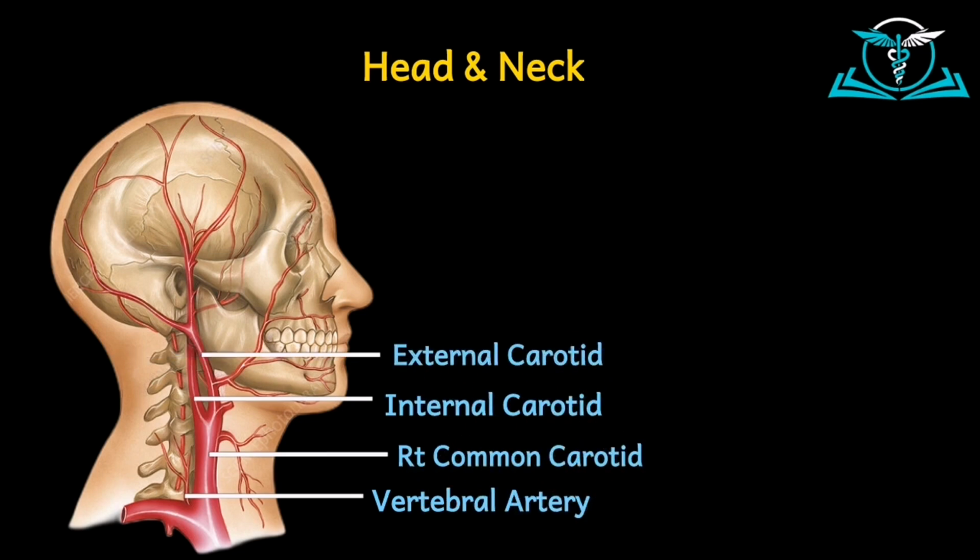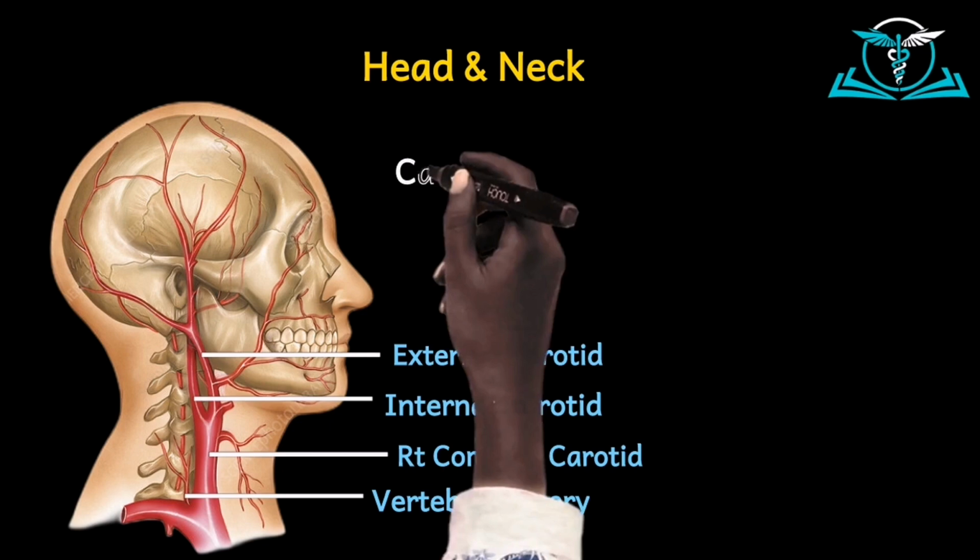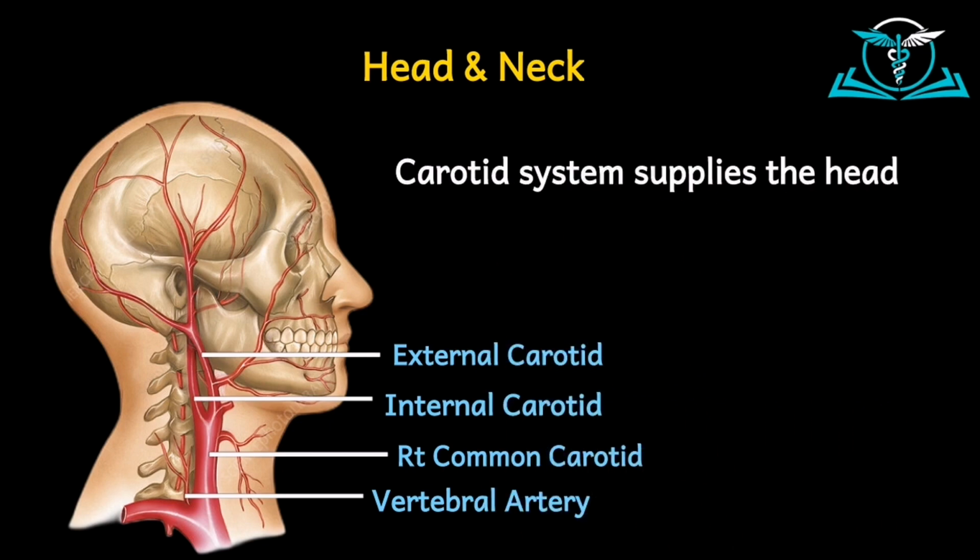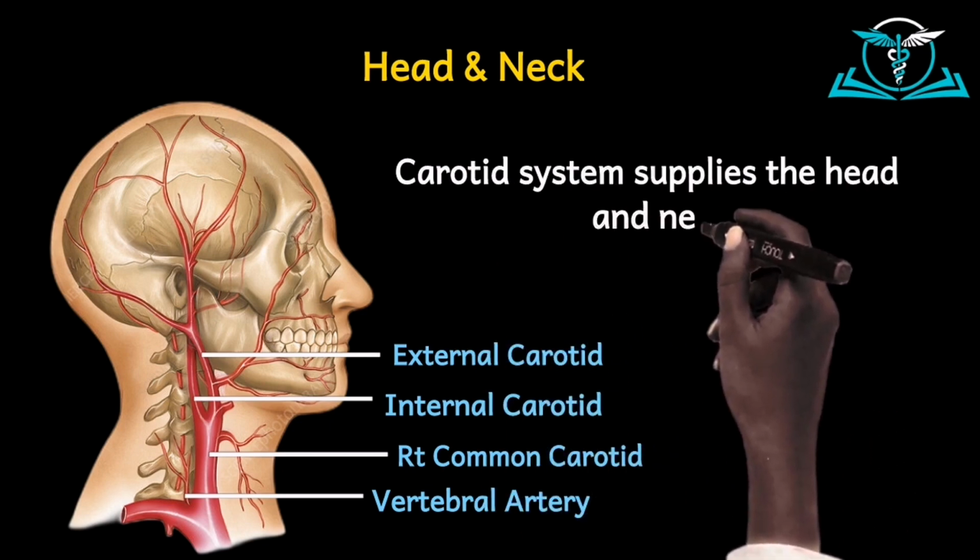The common carotid artery feeds structures of the neck and then the brain, so structures of the neck like the thyroid, the trachea, etc. The internal carotid artery feeds structures within the skull, whilst the external carotid feeds structures in the head which are outside of the skull. And so the point here is that the carotid system supplies the head and neck structures.